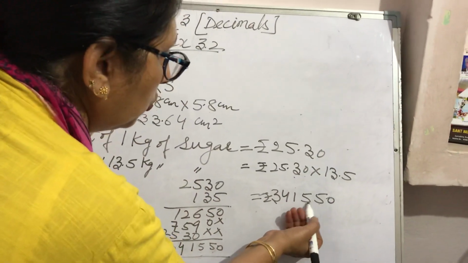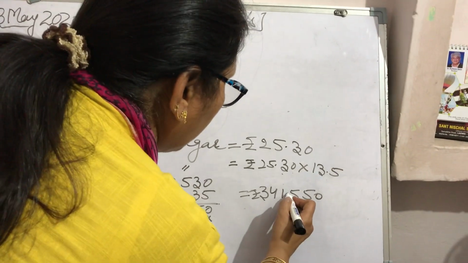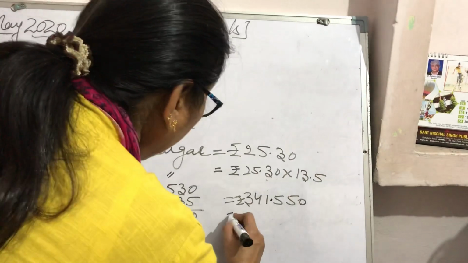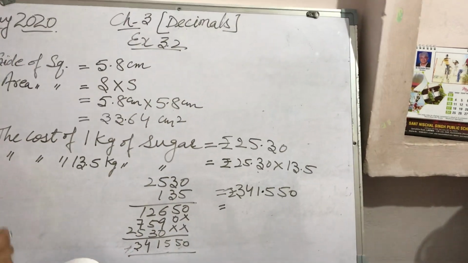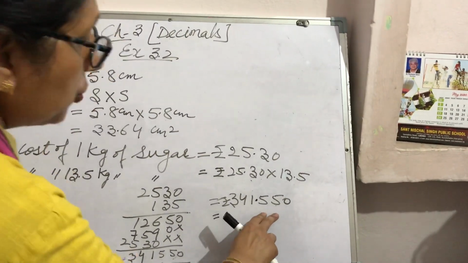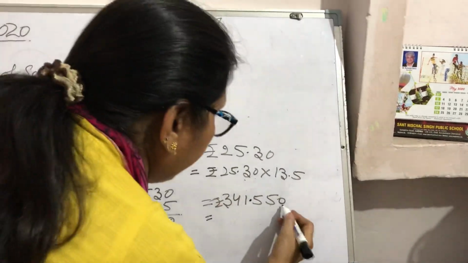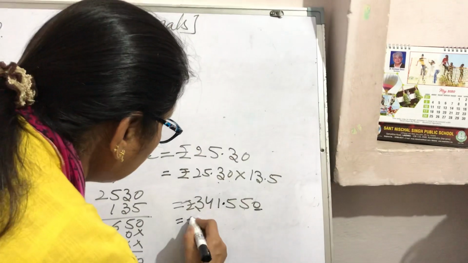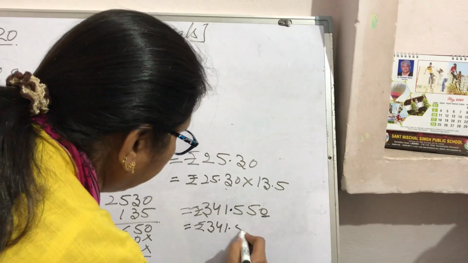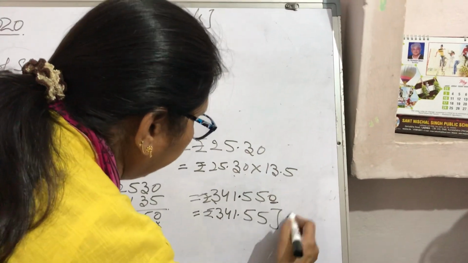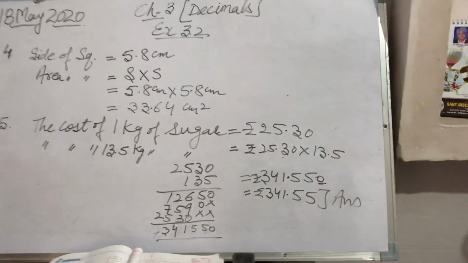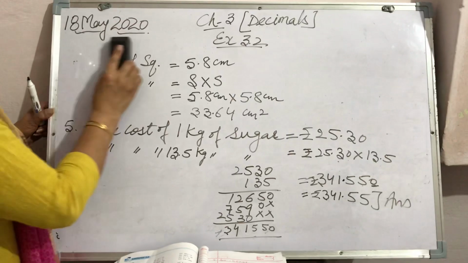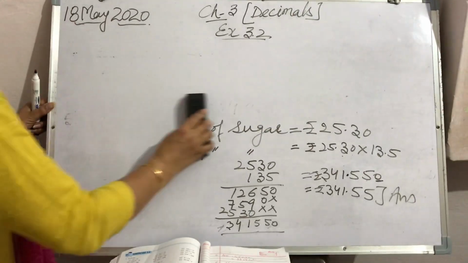The decimal should be before 3 digits, but in paise we should have only 2 digits, and the ending 0 we can leave. So rupees 341.55. This is the answer. So do these questions in the notebook.